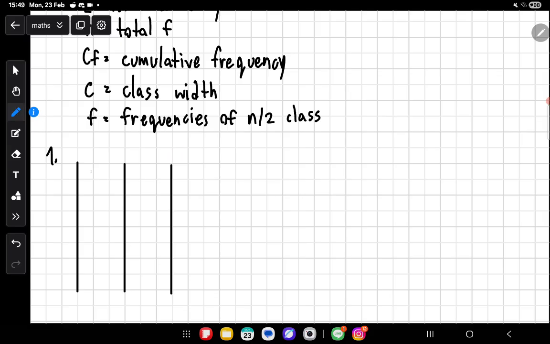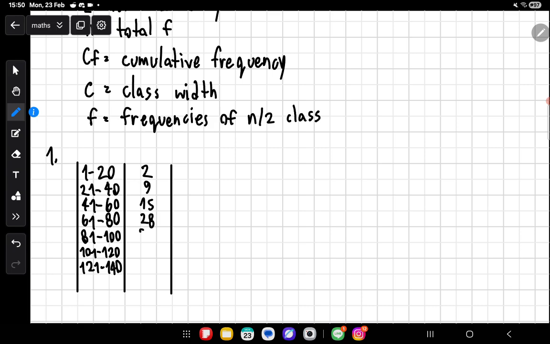This is a guide, basically, on how you can do it simply. (101 to 120), 121 to 140. Now the frequencies: 2, 9, 15, 28, 27, 14, and 5.